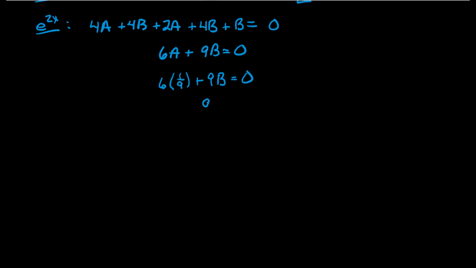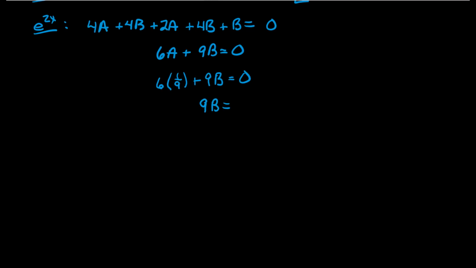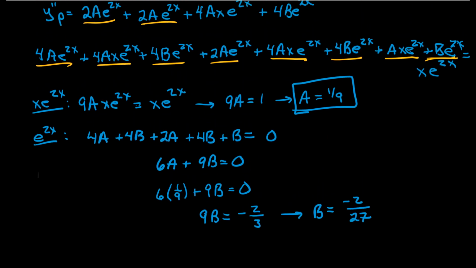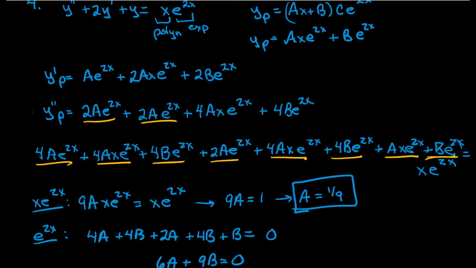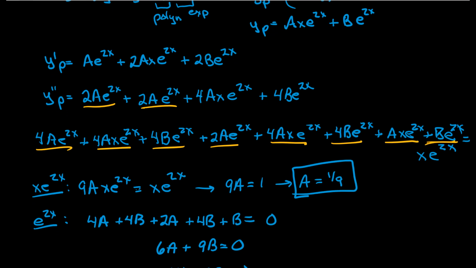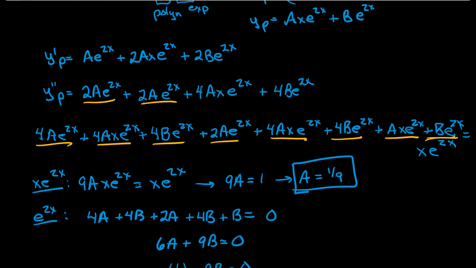So this is going to give us 9b is a negative 2/3, which then gives us, looks like b is going to be a negative 2/27. Okay, so we go back to our original proposed equation. Here it is in the upper right portion of the screen. It's a times x e to the 2x plus b e to the 2x.